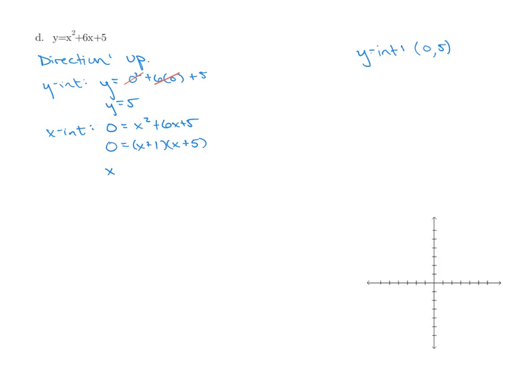Alright, if we set each factor equal to 0 and solve, we can subtract 1 on the first one. We get x equals negative 1. And on the second one, we get x plus 5 equals 0.